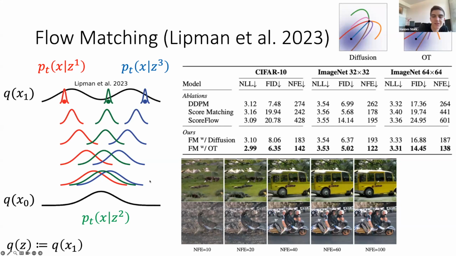So how does the conditional path look different between this diffusion model conditional flow path and the OT conditional flow?